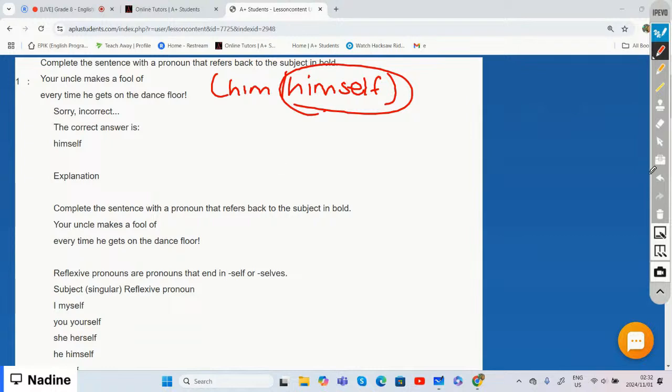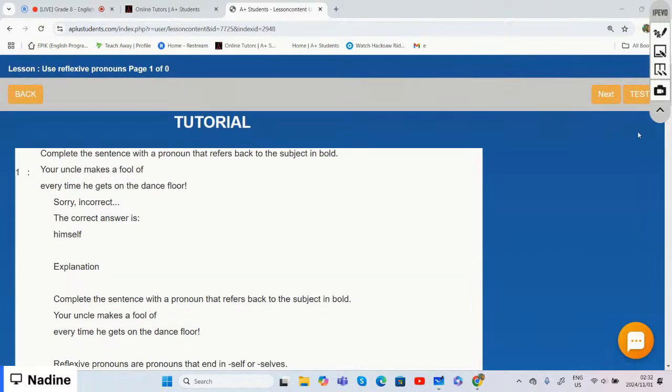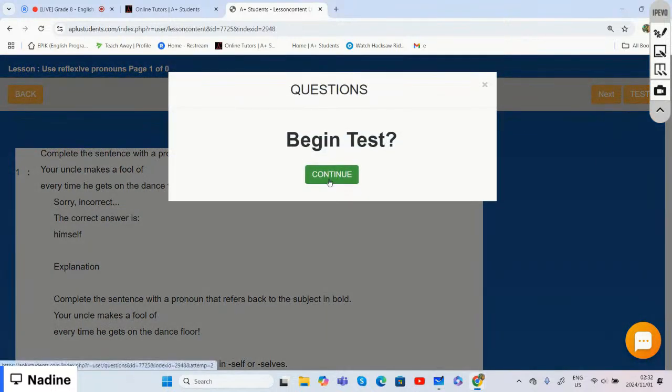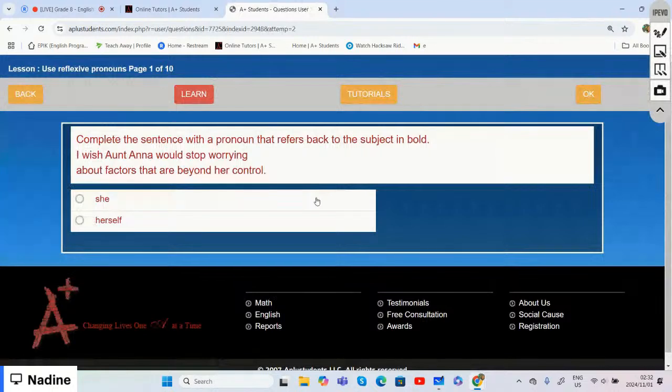All right. So now we're going to our test where we are going to use the reflexive pronouns.